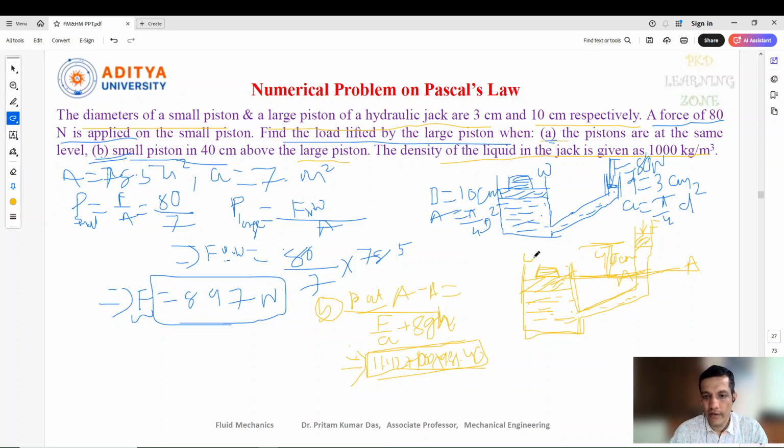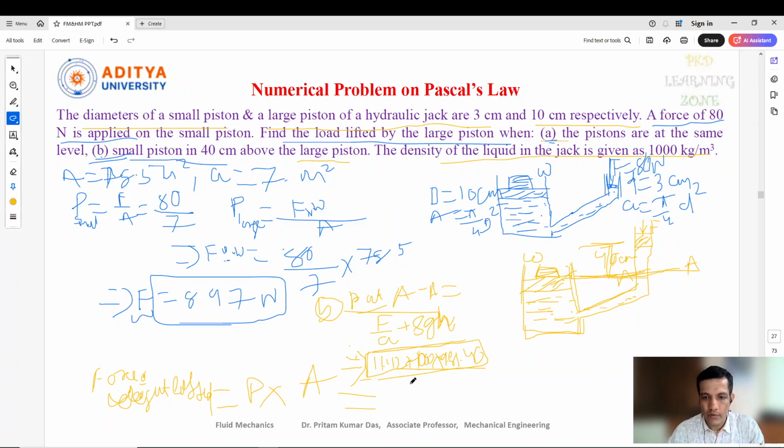So we can calculate that force. The weight lifted equals the pressure into the area, because force is pressure into area. Pressure we got already, the total value.